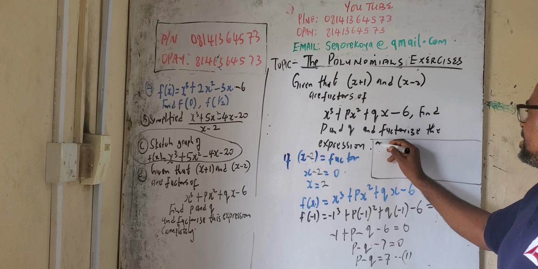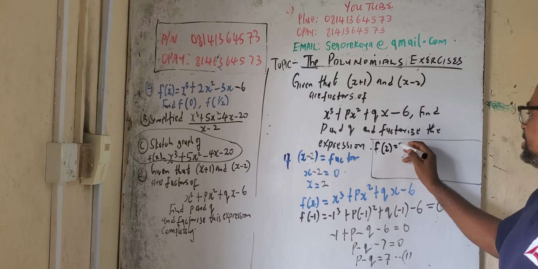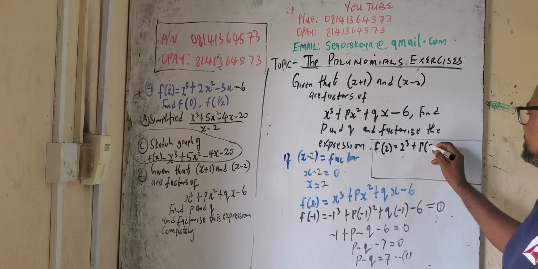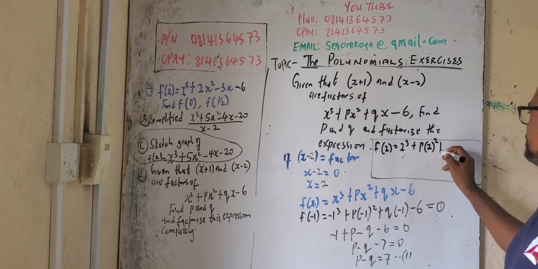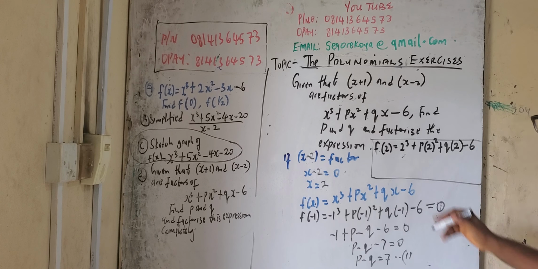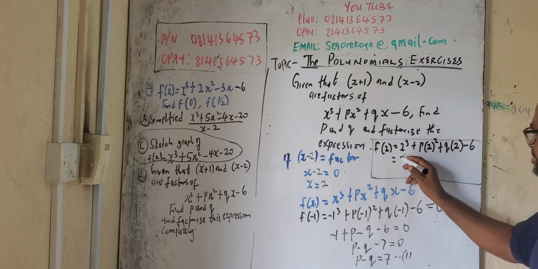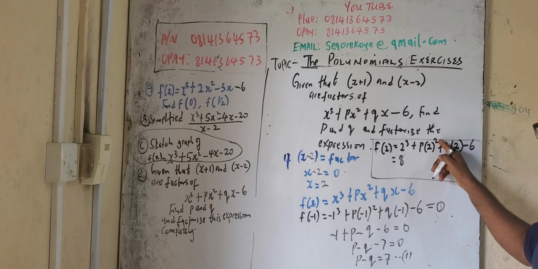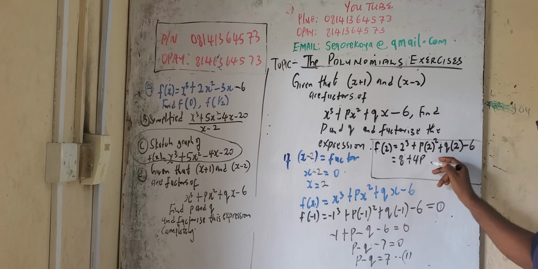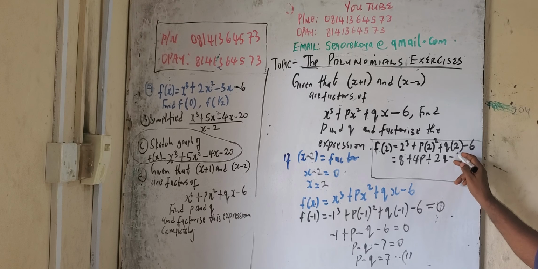So we are having f of 2 is equal to 2 raised to power 3 plus p times 2 raised to power 2 plus q times 2 minus 6. So 2 raised to power 3 will give me 8. 2 squared is 4. 4 times p will give me plus 4p. 2 times q will give me plus 2q. Then minus 6.